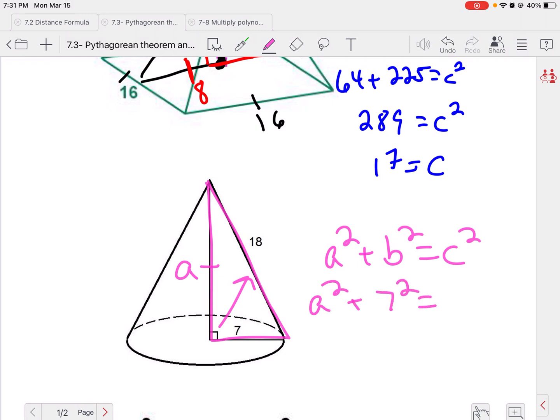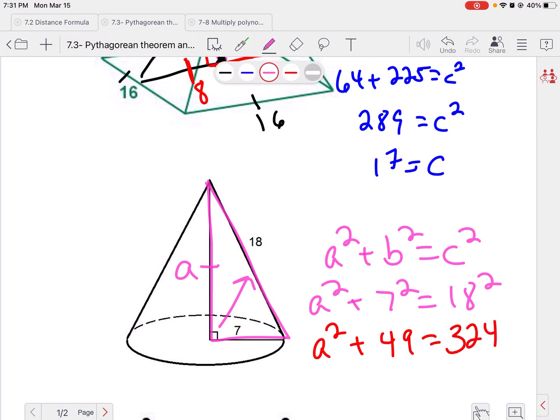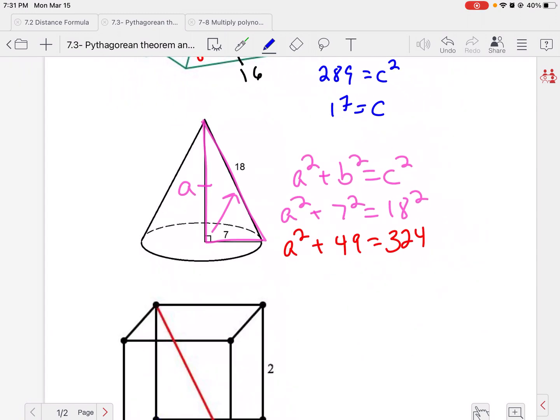So we'll have 7 squared and 18 squared. Remember, if you accidentally put the 7 and the 18 in the wrong places, you would get a negative number, and we can't have negative numbers for the sides when we're trying to take the square root. So we'll have a squared plus 49 equals 18 times 18, which is 324. We're going to solve for a here, so we'll subtract 49.